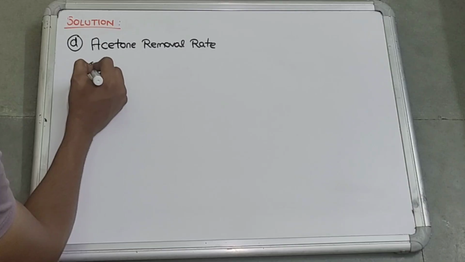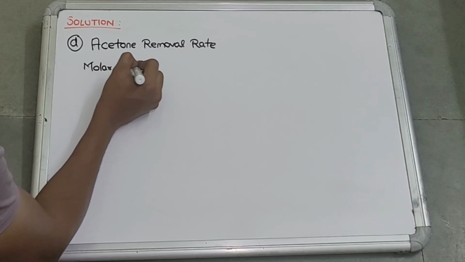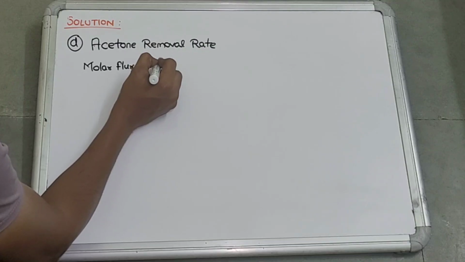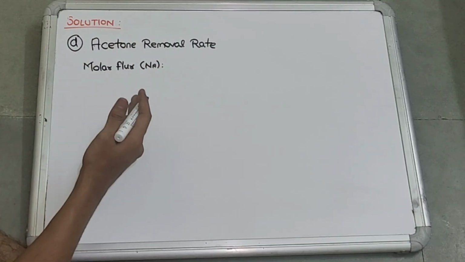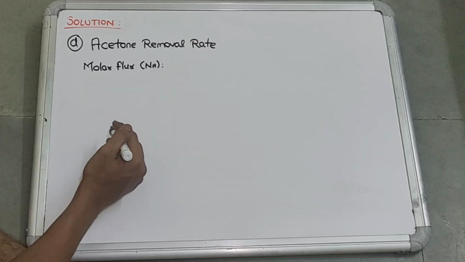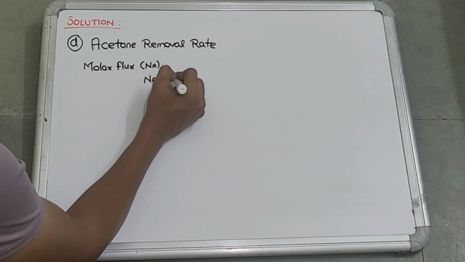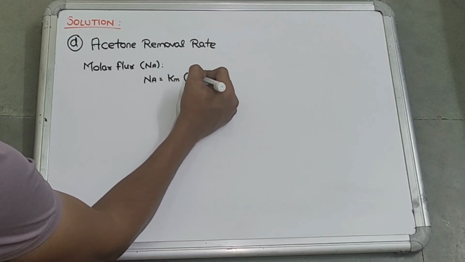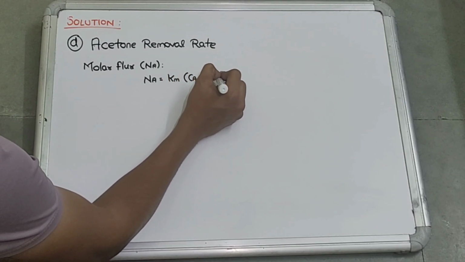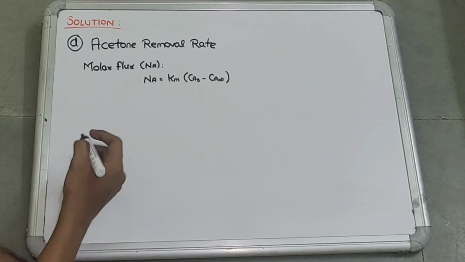Molar flux is denoted by Na. And the formula to find molar flux is given by mass transfer coefficient multiplied by concentration difference, which can be written as Na is equal to mass transfer coefficient into concentration difference, that is concentration at the surface minus concentration at bulk, that is bulk concentration.